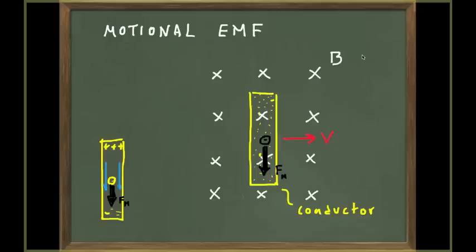The magnetic force on that electron is pulling it down, but what's going to happen with this electric field? What is that electric field going to start doing to the electrons? It will put an additional force on the electrons, an electric force, not a magnetic one. The magnitude of that force is equal to the charge multiplied by the electric field. Now, in what direction is the electric force acting on that electron?